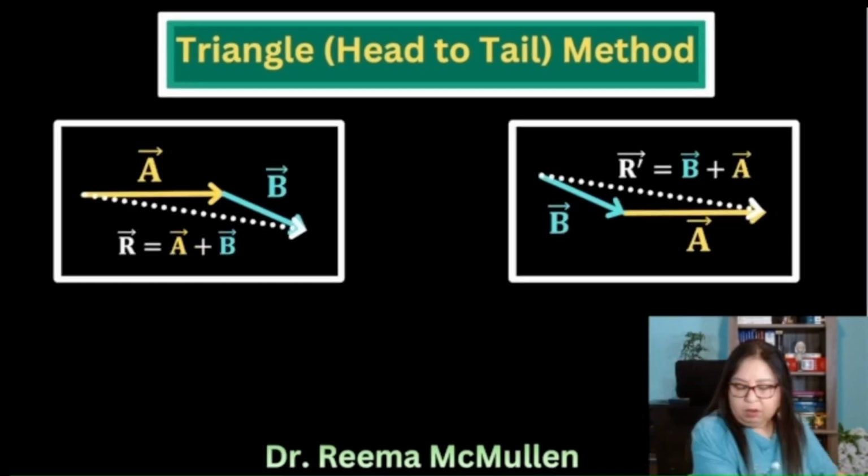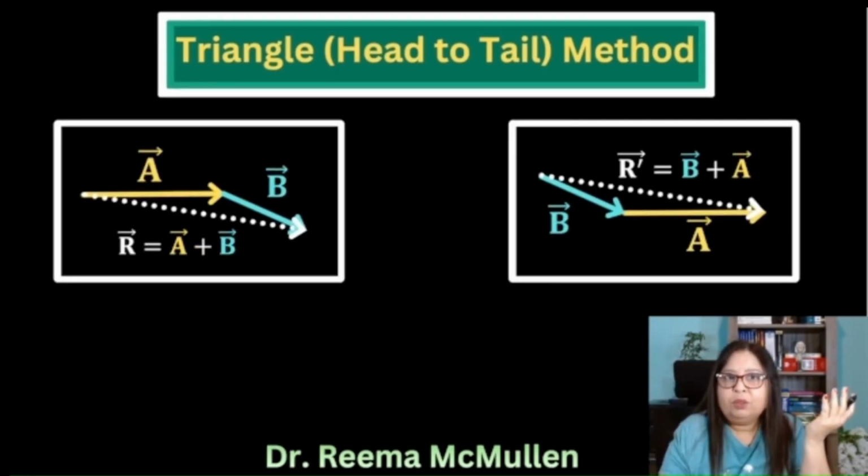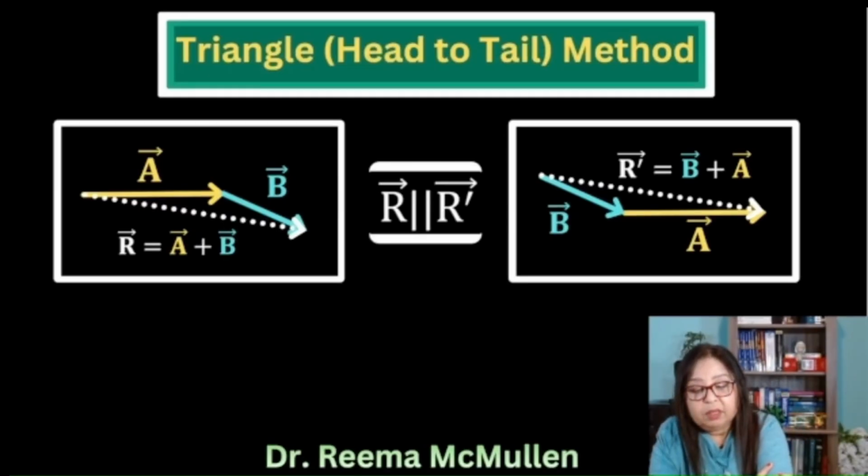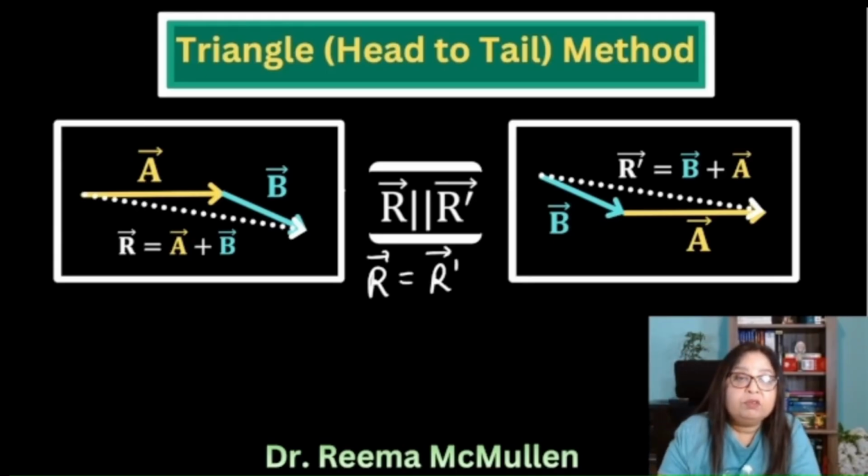Taking it further. Same image, looking a bit prettier, at least to my eyes. So what we're saying is that vector R is parallel to vector R prime. They're not only parallel, they are actually identical. They are equal to each other. Here, vector R is equal to vector R prime.